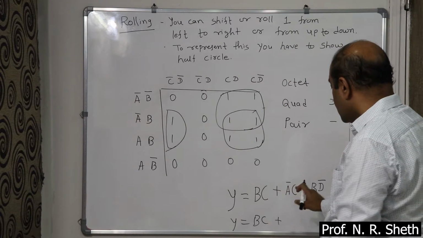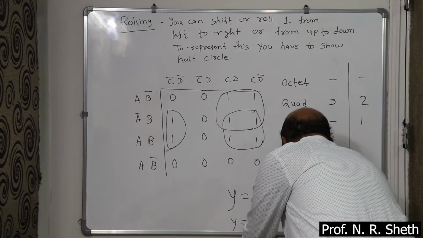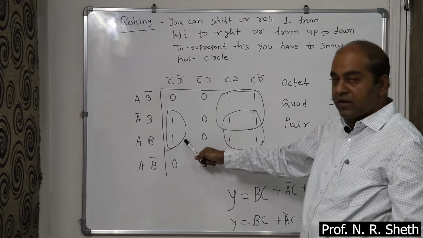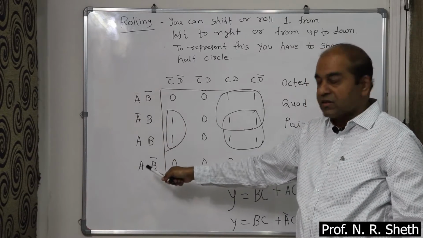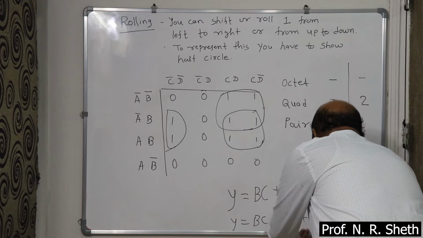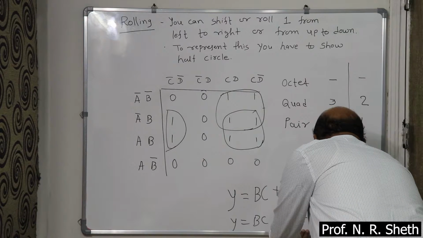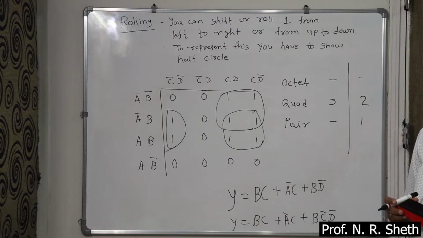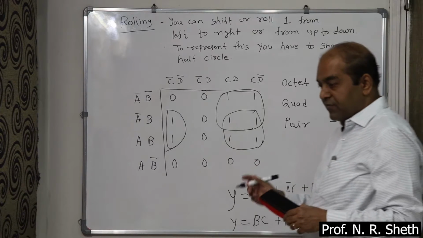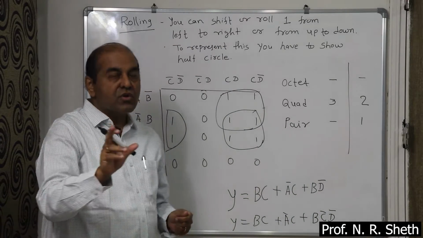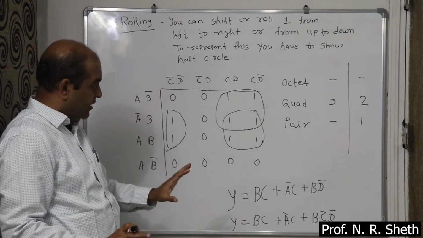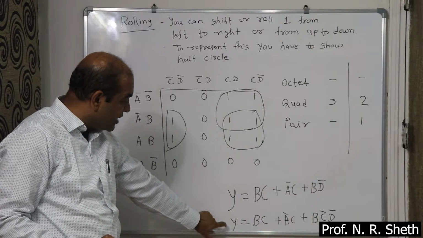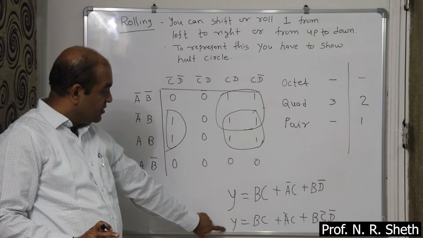For this one, it is A bar C. And for this pair, A bar and A cancel, so B, C bar, D bar. If some student does not use the property of rolling and prepares two quads and one pair, then the nature of the equation is like this.